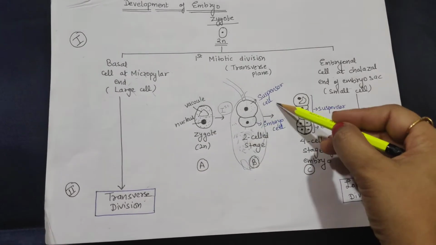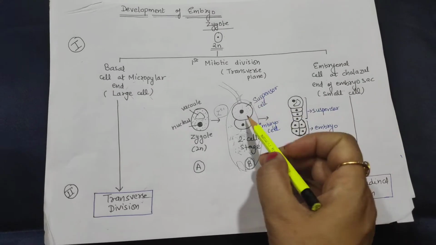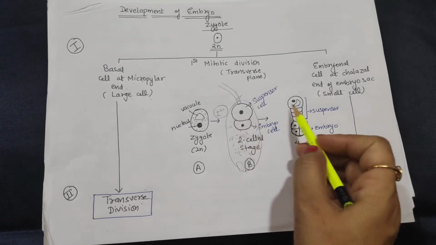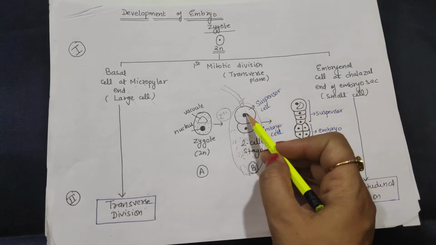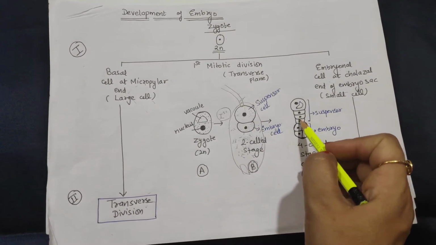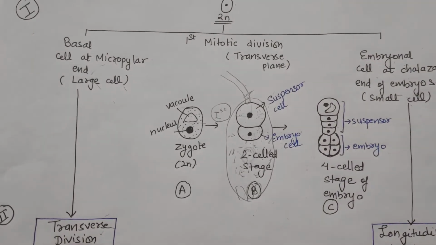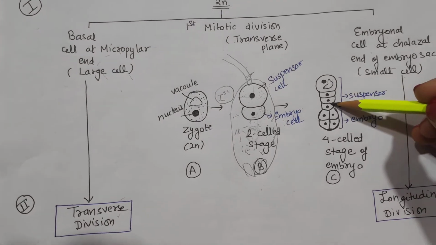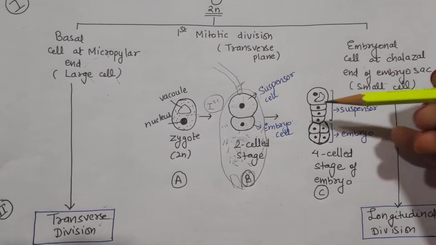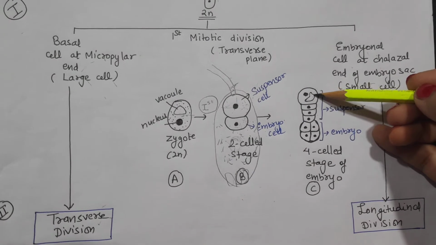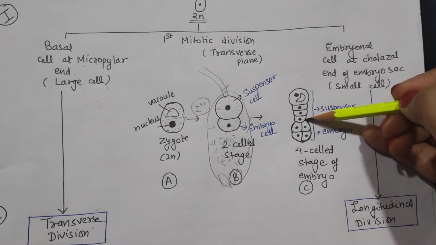If this is your suspensor cell, division will be transverse, I will get 2 cells. Again in both cells the division is transverse, I will get 4 cells. So like this the suspensor is formed in a chain like structure. The cells of the suspensor get arranged one over another.